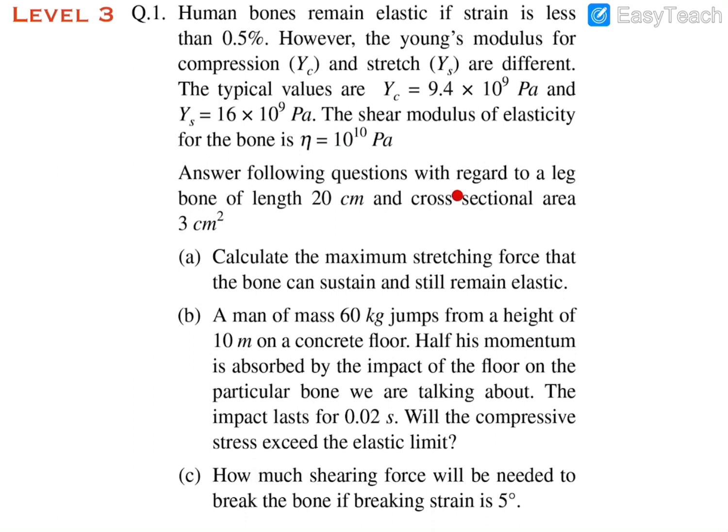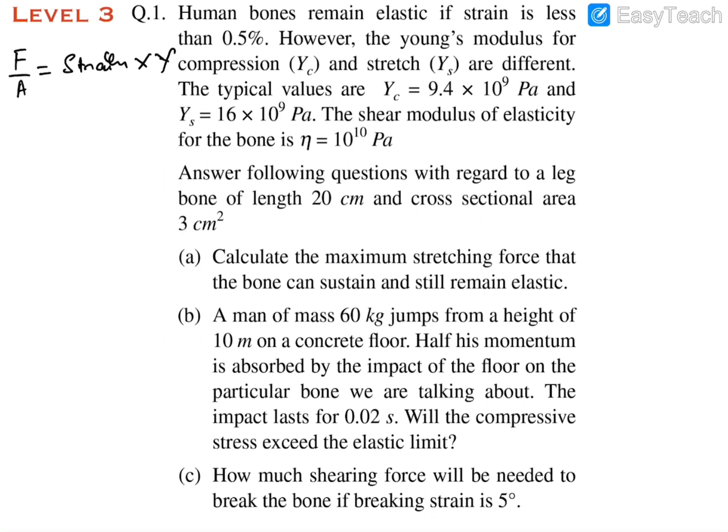Now there is a leg bone of length 20 centimeter and cross section area of 3 centimeter square. We have to find out the maximum stretching force that can be applied on the leg bone so that it still remains elastic. So we know that F upon area is equal to strain into gamma.